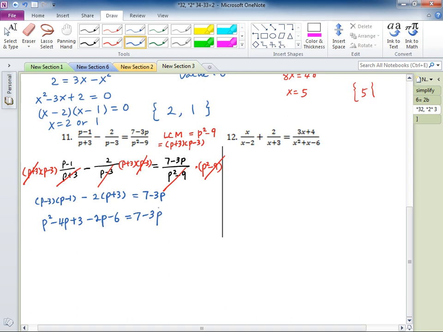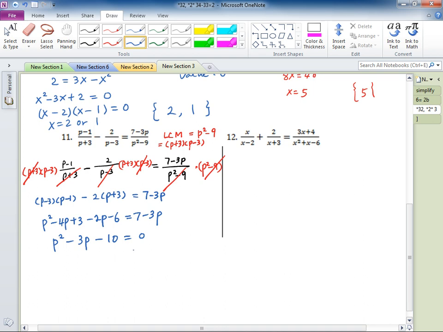Arrange the terms all on the left-hand side so we can use the quadratic formula or factored form. So p squared, negative 4p, negative 2p, what is the sum? Negative 6p, add 3p, negative 3p. Plus 3 minus 6, negative 3, subtract 7, negative 10.